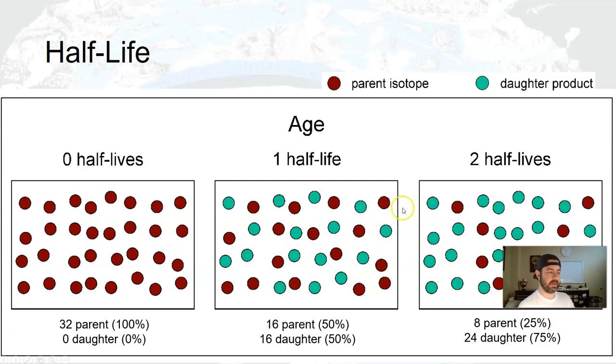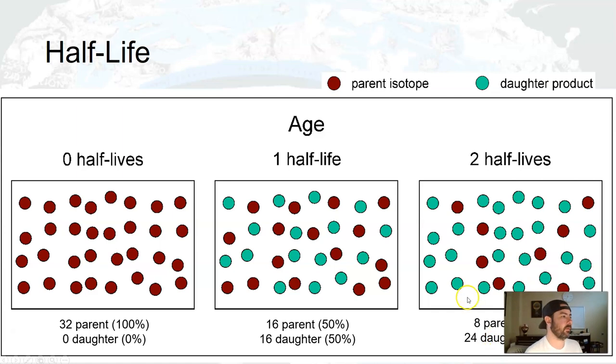That's what is meant by half-life: the time it takes for half of whatever unstable parent isotope is there to decay to the stable daughter product, and then half of what's left. After 3 half-lives, we would have 4 parents and 28 daughters. After 4 half-lives, we would have 2 parents and 30 daughters. So it's half of what's left.